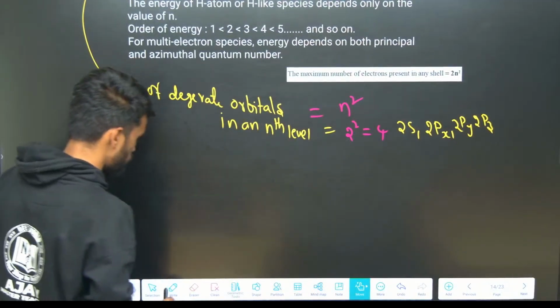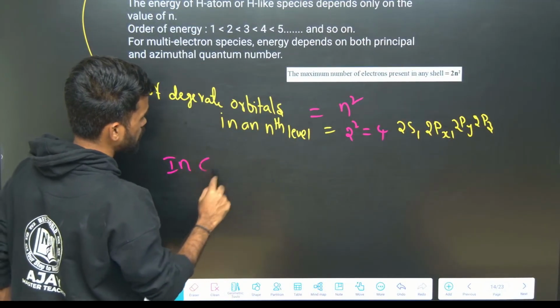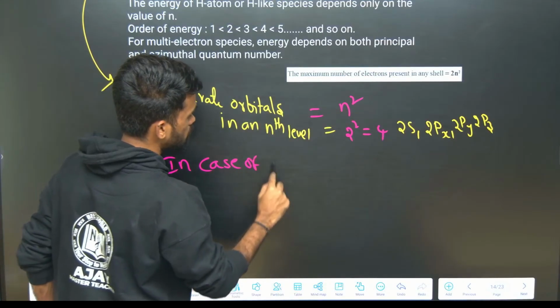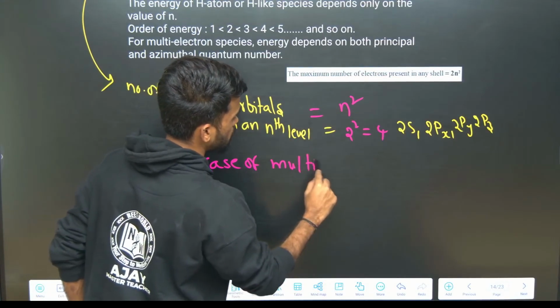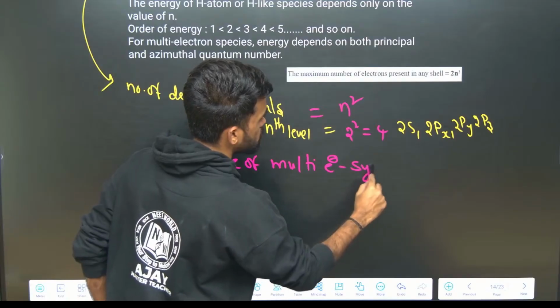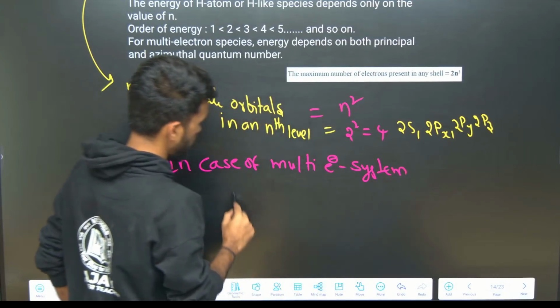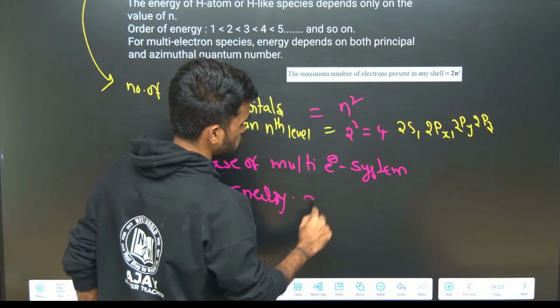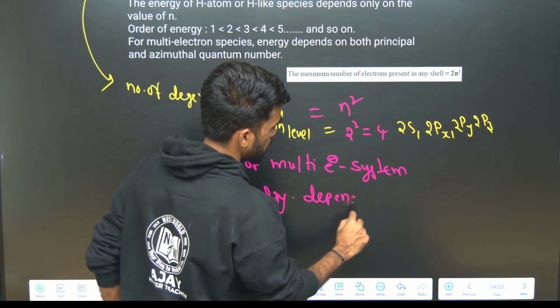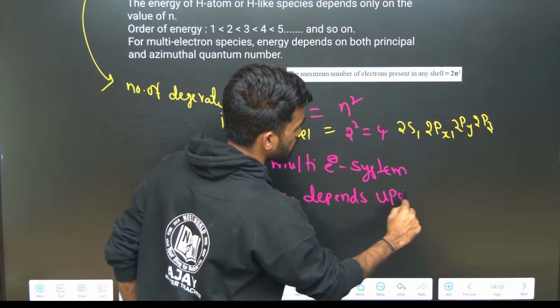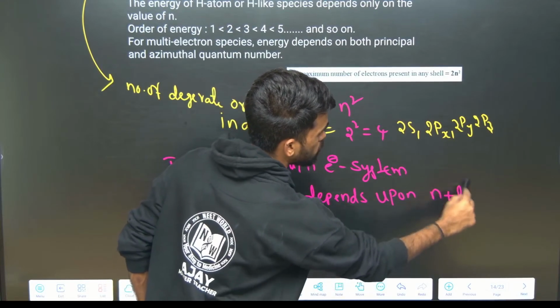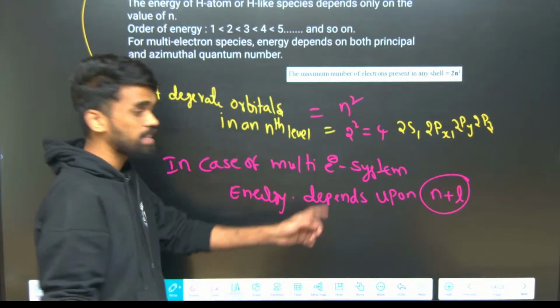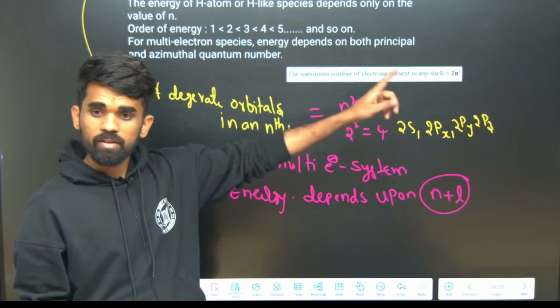So in the case of a multi-electron system, energy depends on both n and l, the n plus l value. The higher the n plus l value, the higher the energy.